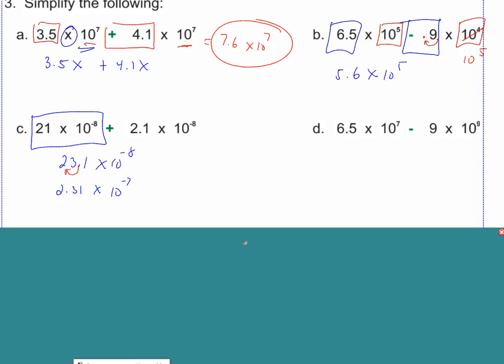If the front number gets smaller, the power has to get larger. If the front number gets larger, the power has to get smaller. If the power gets larger, the front number has to get smaller. If the power gets smaller, the front number has to get larger to keep the same value. Because those two are multiplied together. Okay, so last one. Go ahead and see if you can do D. I'm going to pause.